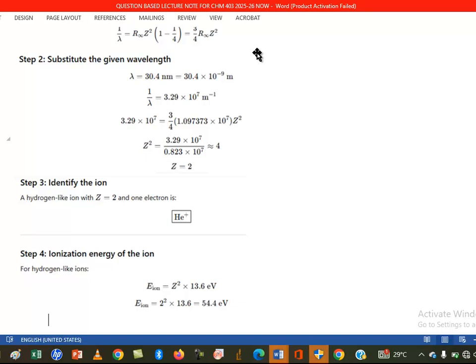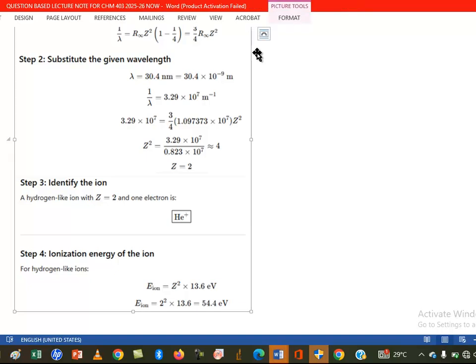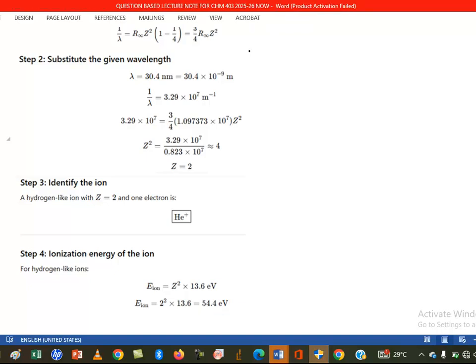Okay, now to our next answer, we want to look at the ionization energy of this ion. So what's the ionization energy? That's simple. Remember, we used this in an inverted way before.